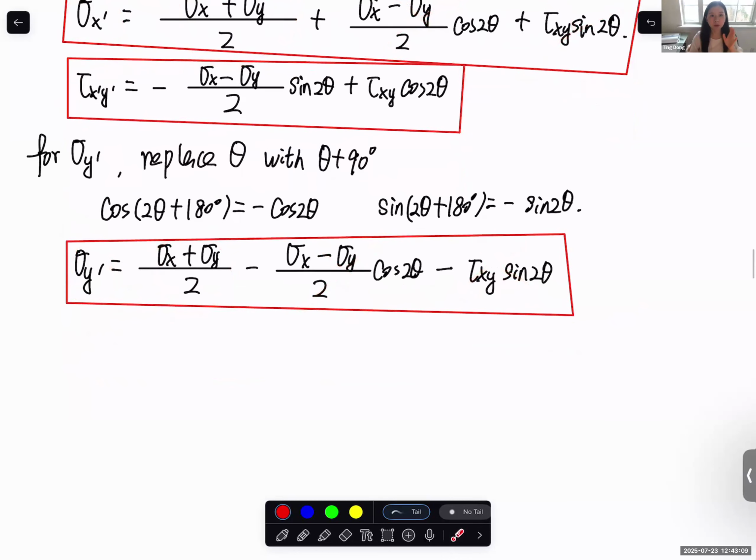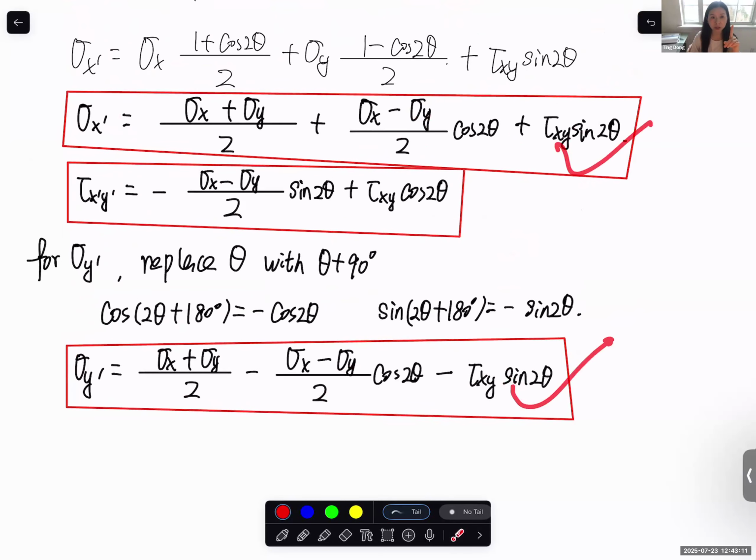So if we add these two equations, one conclusion we can get is that no matter how we rotate our square for 2D, or if you go to a more advanced class, no matter how we rotate our cube, the sum of normal stress does not change. For what we learned so far in this mechanics of materials class, after rotation, sigma x prime plus sigma y prime equals sigma x plus sigma y. And of course, we can use this conclusion in your homework, in your quiz, in your exam.